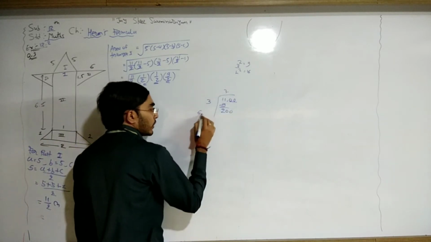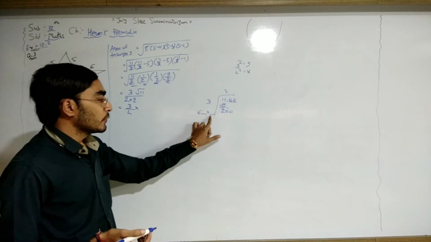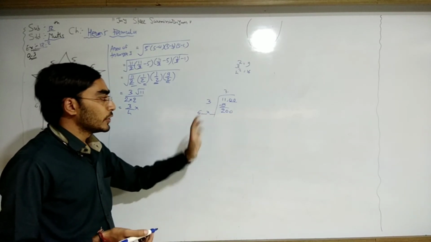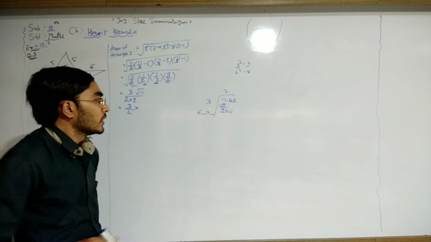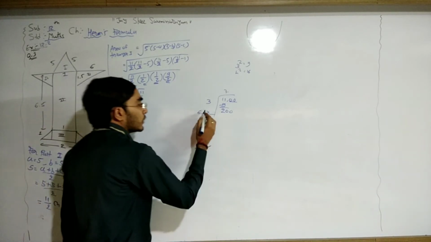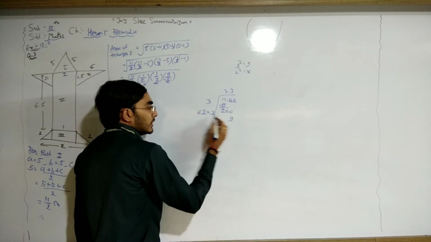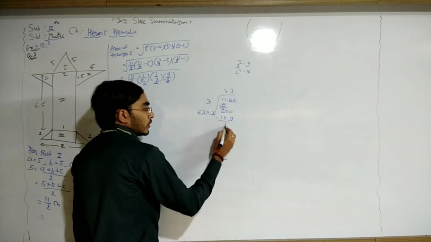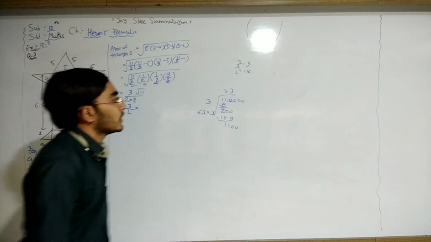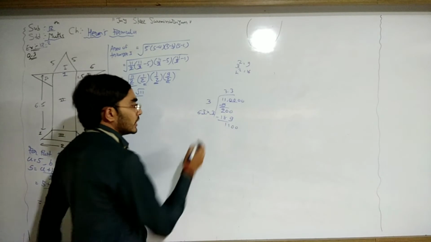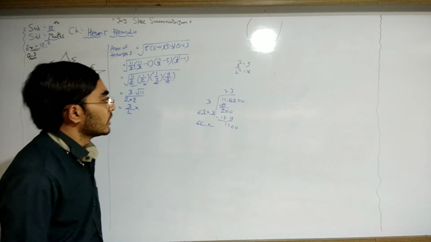Now 3 multiplied by 6, with one space blank. We need to fill the blank so that the answer is closer to 200. If we put 3, then 63 into 3 is 189.